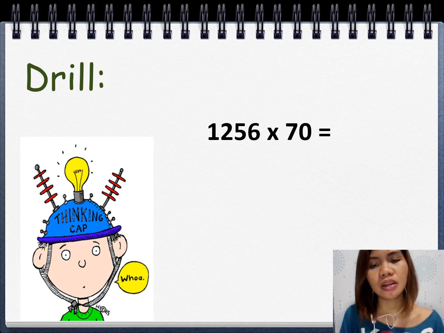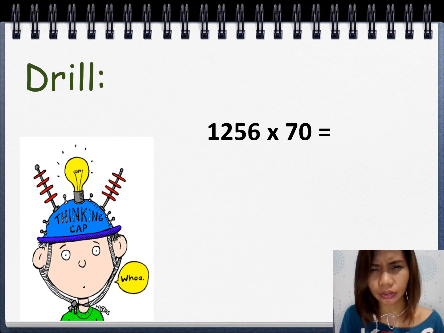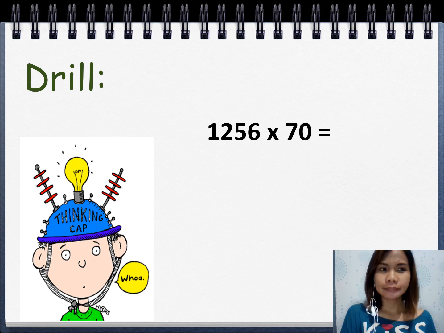1,256 times 70. What do you think is the answer? So you can have 1,256 times 7 times 10. 5, 4, 3, 2, 1.